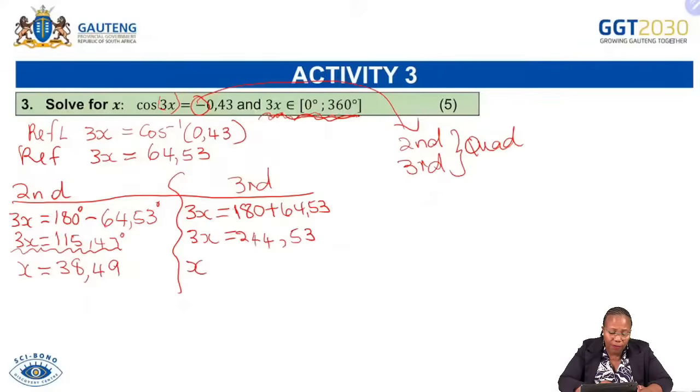And then we are looking for the value of x, sorry, grade 12. We are looking for the value of the angle, but look at 3x. Does it qualify within the interval? Yes, it lies between 0 and 360. Now we are dividing 244 by 3. That will be 81.